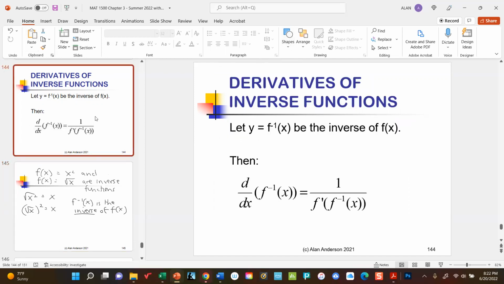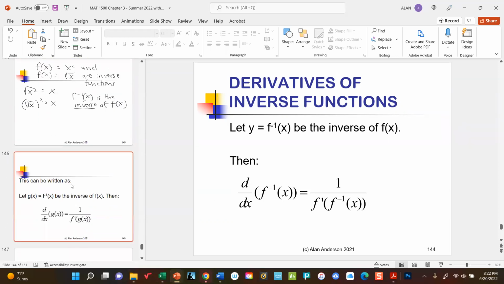So this is what it looks like. Sometimes using this formula can be easier than directly taking the derivative of a function. If, let's say, the inverse has a simpler form, it might be worth our while to use this approach instead of trying to solve for the derivative directly. So the derivative of f inverse of x is 1 over f prime of f inverse of x.